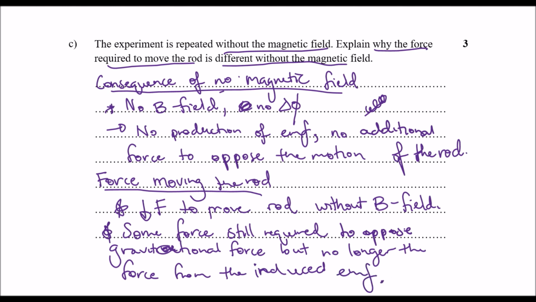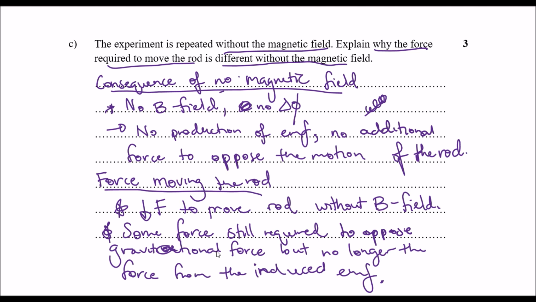Okay, so just to recap on what I said with this question, there is no production of EMF, hence there is no additional force induced to oppose the moving rod. As a consequence, the overall force required to push the rod is smaller when we don't have a magnetic field in comparison to if we did.